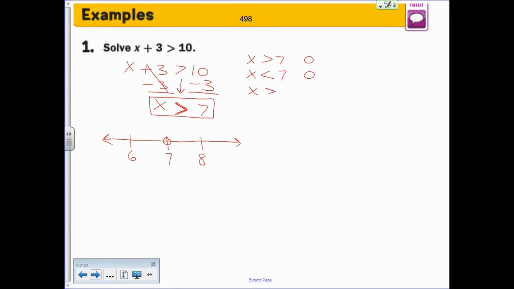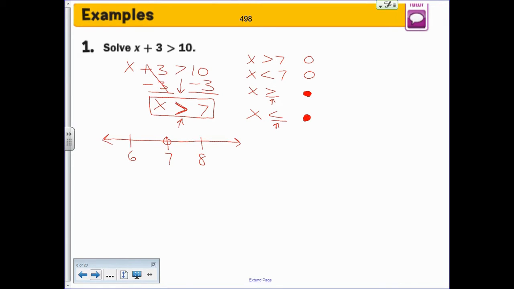If x is greater than or equal to, it will be a closed dot. So if you have more ink on your symbol, you need more ink on your dot. Less than or equal to is also a closed dot, because this means equal. The extra line means equal, and we must include the solution. But since that extra line was not on here, that means it is an open circle.